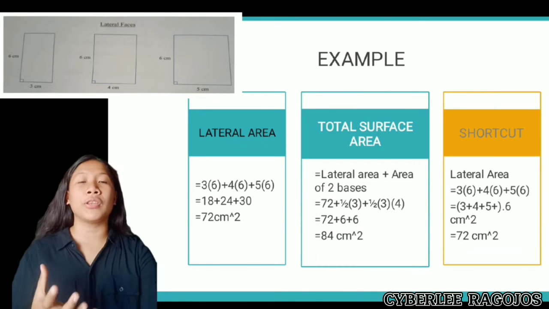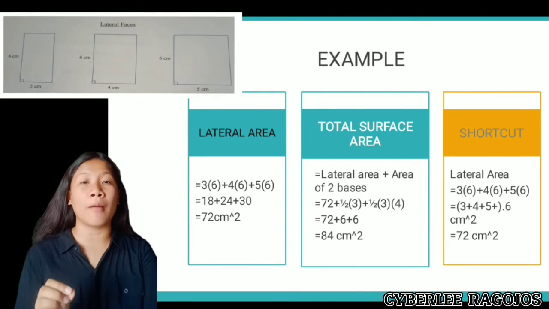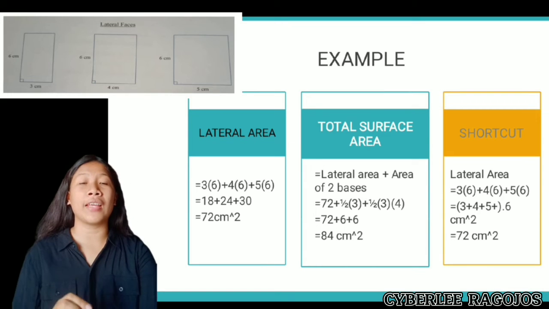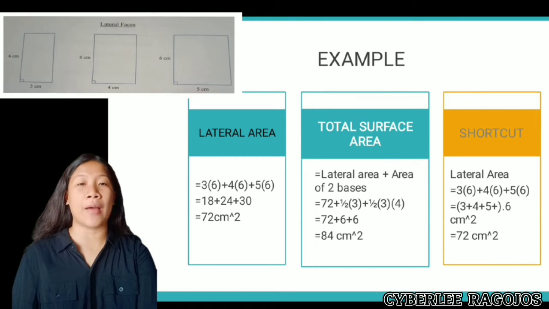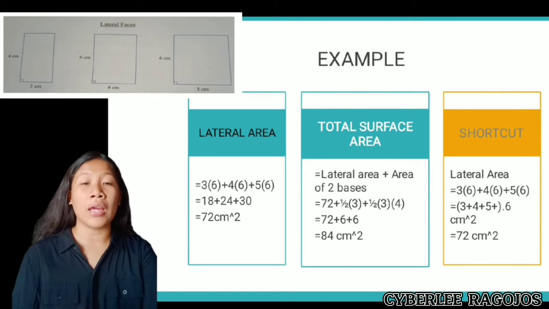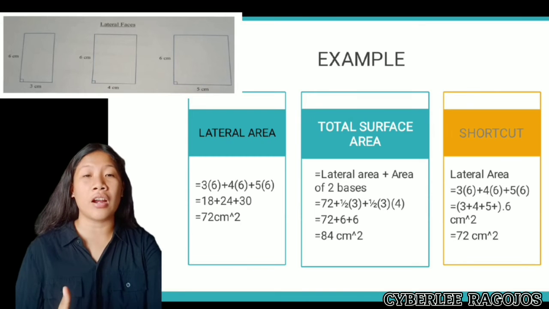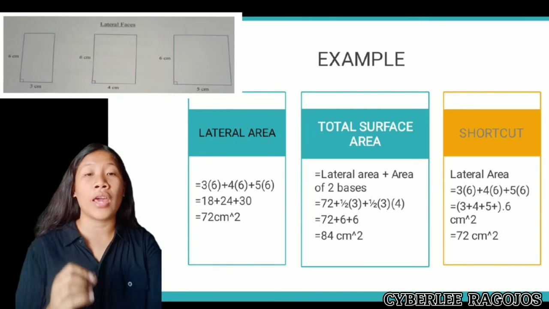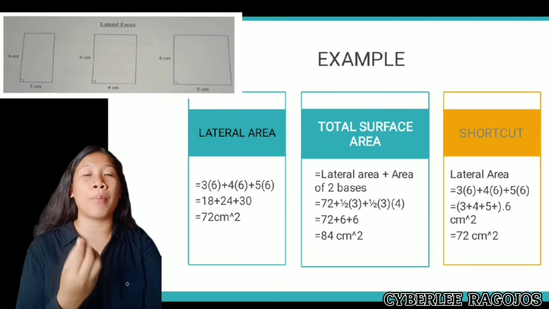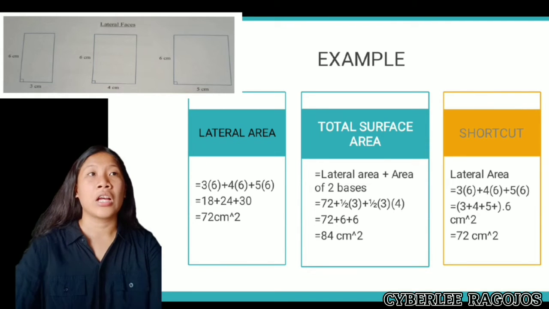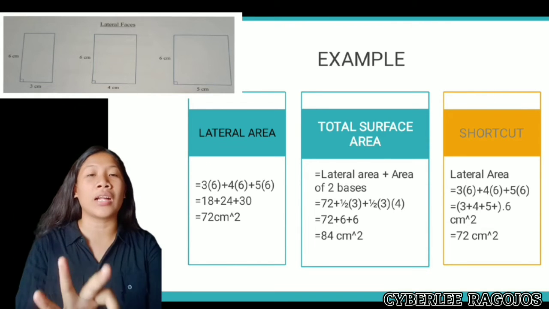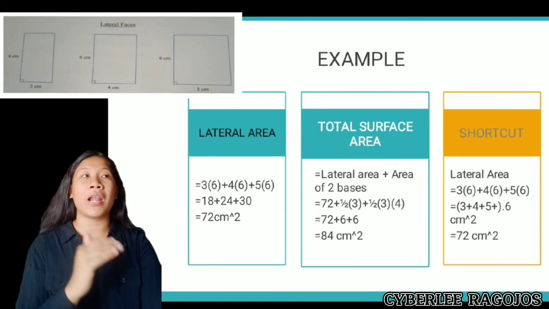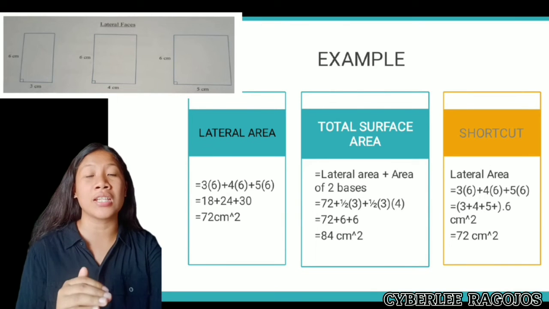So, sa pag-compute neto is meron siyang shortcut for finding the lateral area of a prism. Para mas mapadali pa, the equation for the lateral area, notice that we can factor out the 6, kasi nga pare-parehas lang sila ng height. Kung mapapansin natin, yung tatlong rectangle natin is pare-parehas lang sila ng height, which is 6.